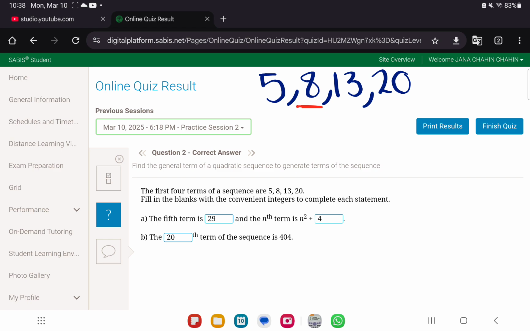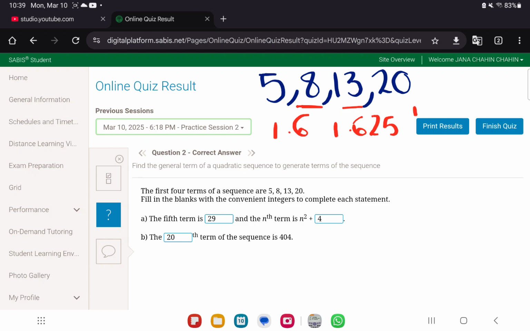So 8 divided by 5 is 1.6. 13 divided by 8 is 1.625. And 20 divided by 13 is 1.538. They're not common, so you can't say that this is a geometric progression.